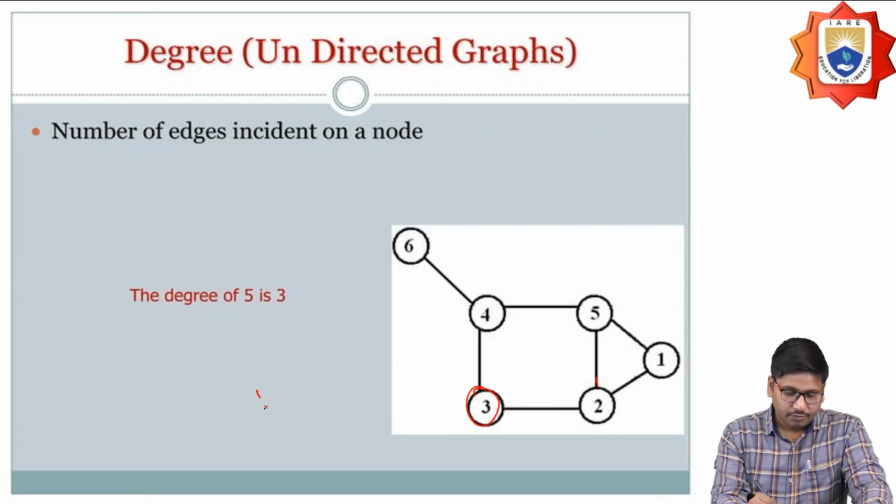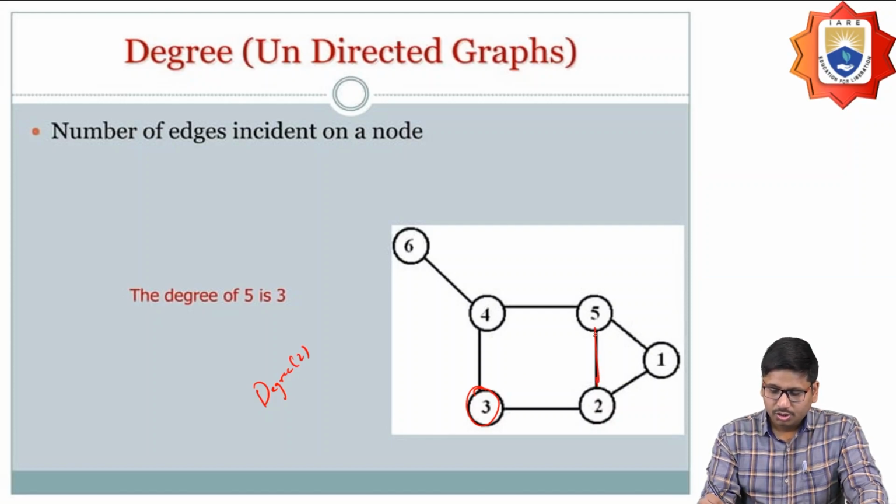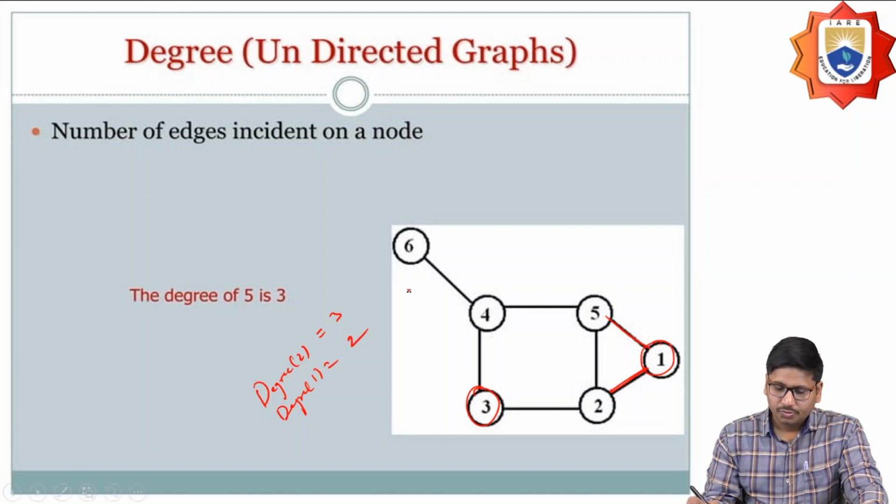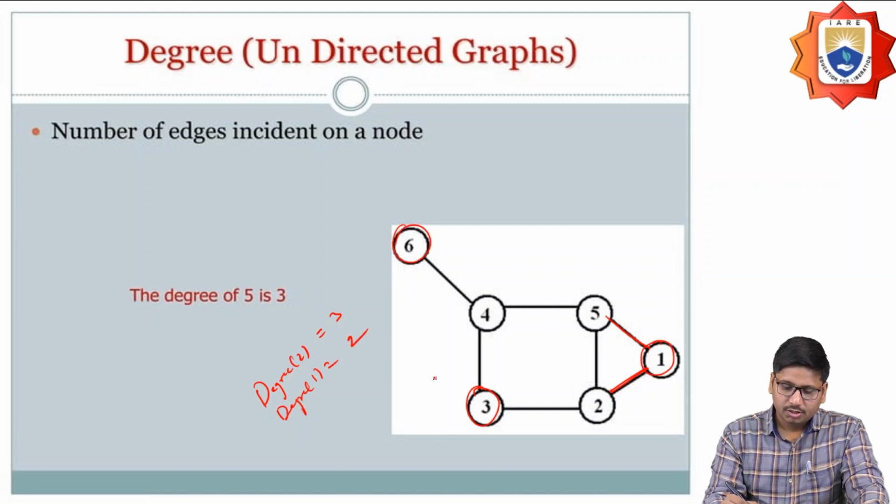What is the degree of 2 here? This one, and this one. So the degree of 2 is 2. For 1, what is the degree here? The degree of 1 is the number of edges connected with the vertex, which is 2. And for 6, it should be 1.